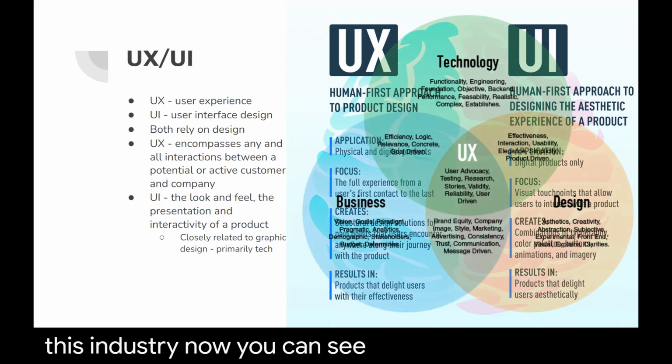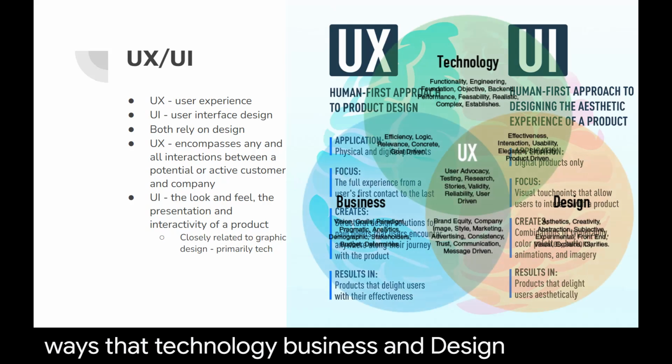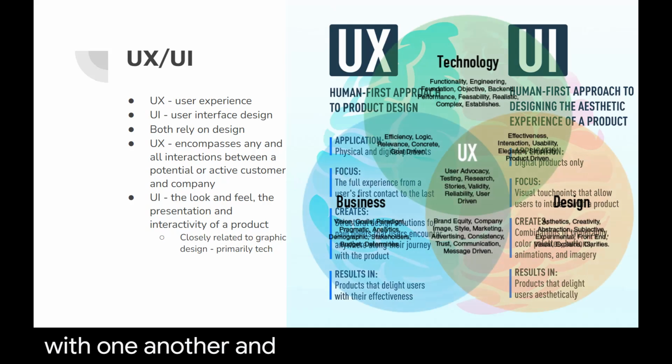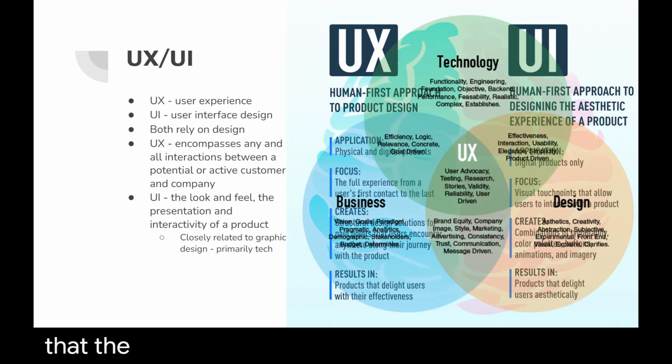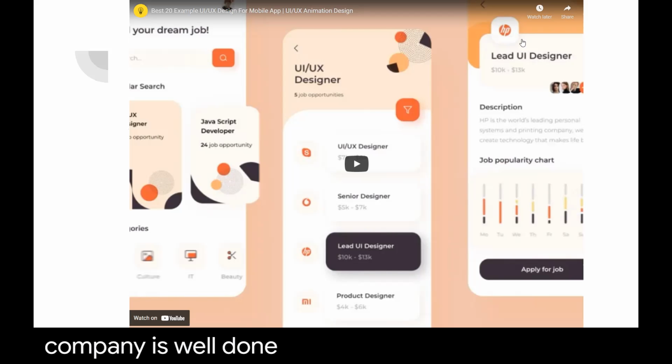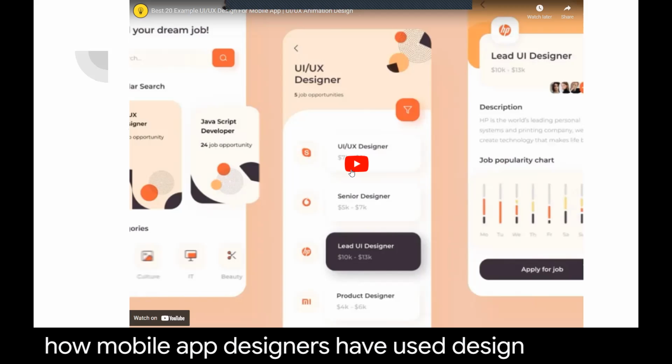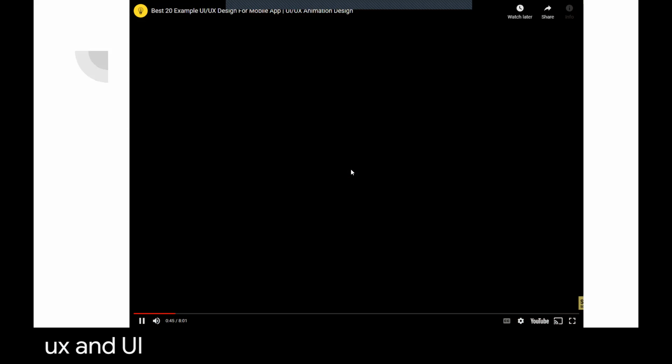Now, you can see with UX specifically, the ways that technology, business, and design overlap with one another. And design is such a critical part of creating that user advocacy and really making sure that the interaction with the product and the company is well done. So here are some examples of how mobile app designers have used design through UX and UI.